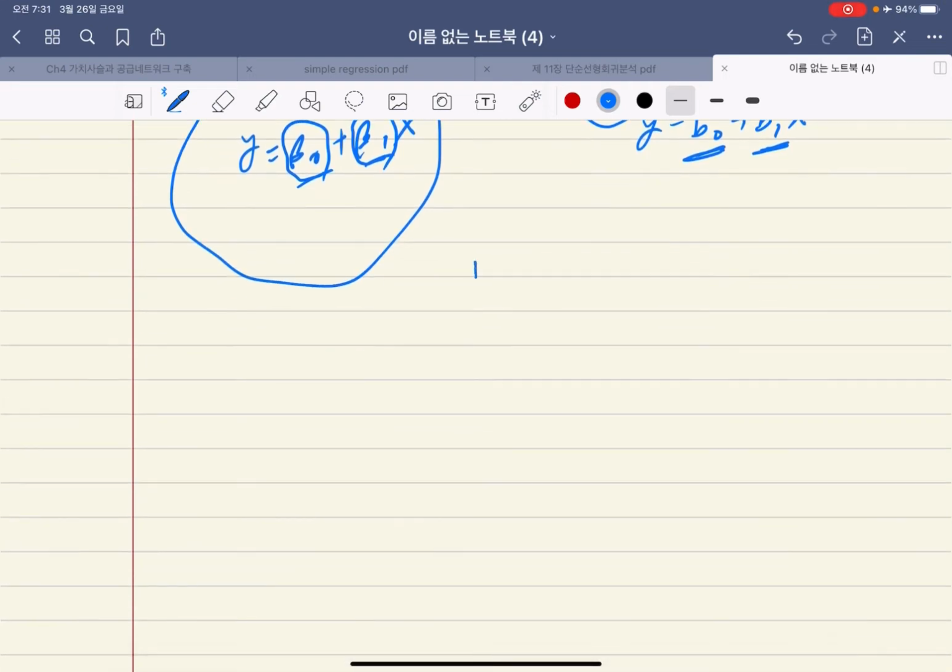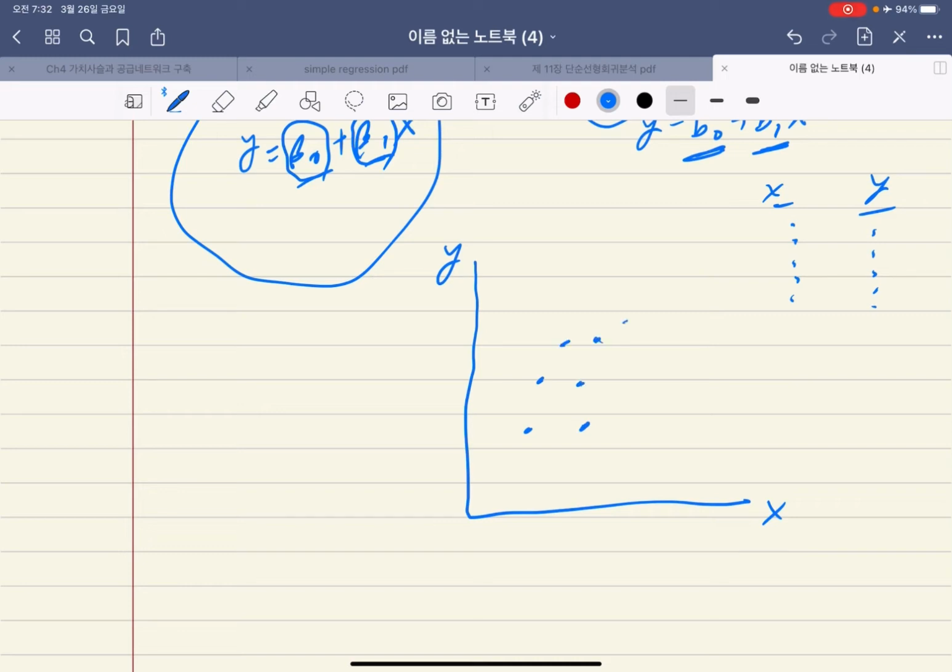Now, suppose you have data points like this, right? So you have a sample data like this, and then you mark the data points like this here. Suppose your data point looks like this, right? Now you want to find a line which is the most representative of these relationship, right?